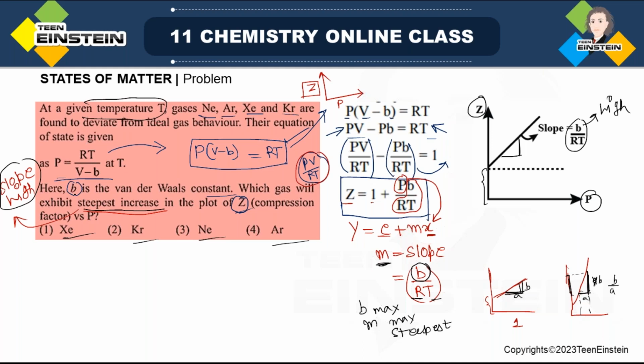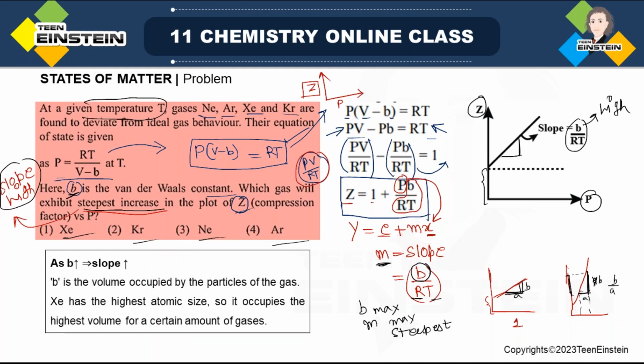Now remember, b is basically related to volume, and volume is high when atomic size is very high. Now if we look at these four options, in which case is atomic size maximum, that means highest atomic number? All are noble gases. So highest atomic number is for xenon, right?